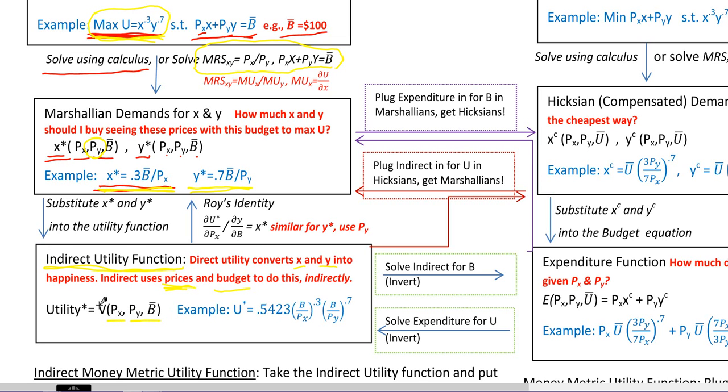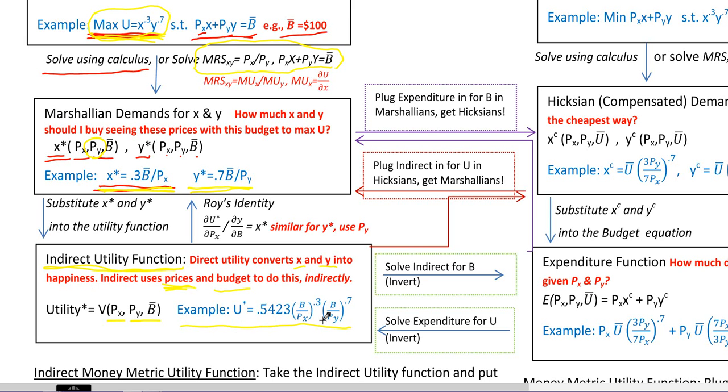Economists will often use the letter V to denote an indirect utility function: U for utility, V for indirect utility. In this particular example, using x to the 0.3, y to the 0.7, you would get this as your indirect utility function, a function of the budget and the two prices.